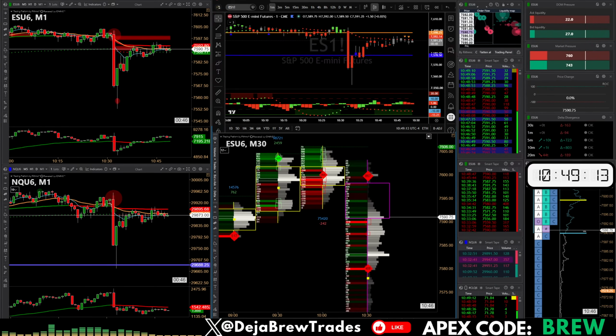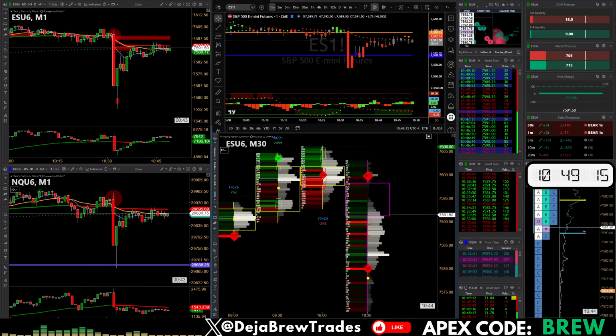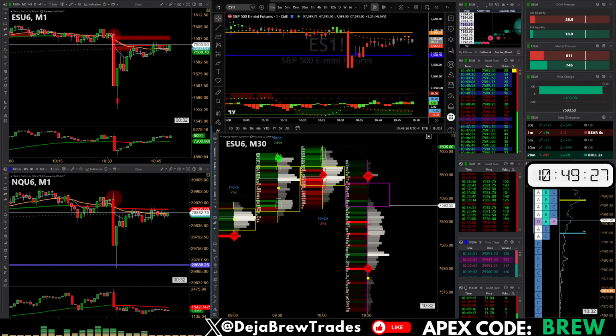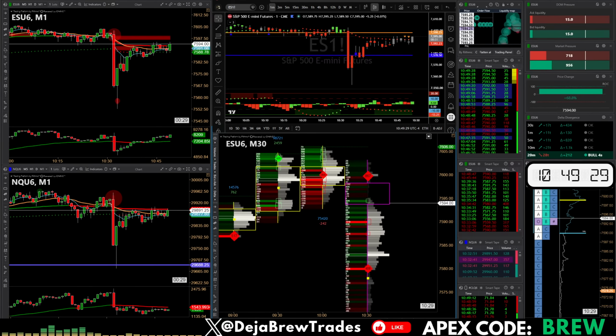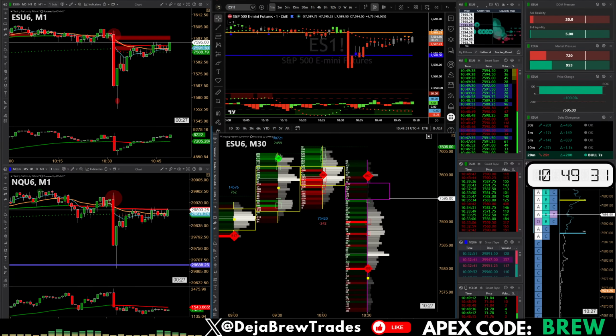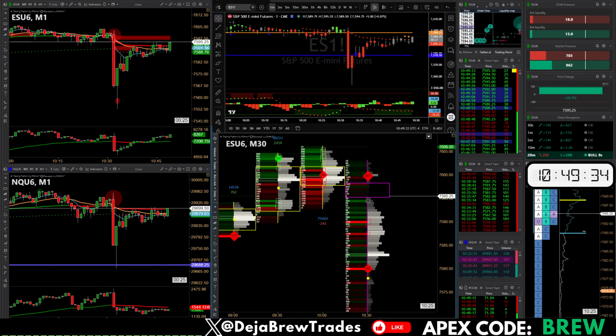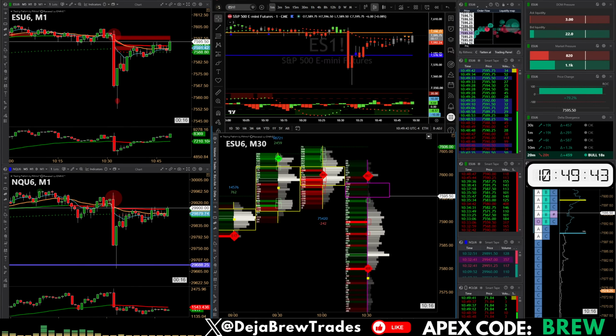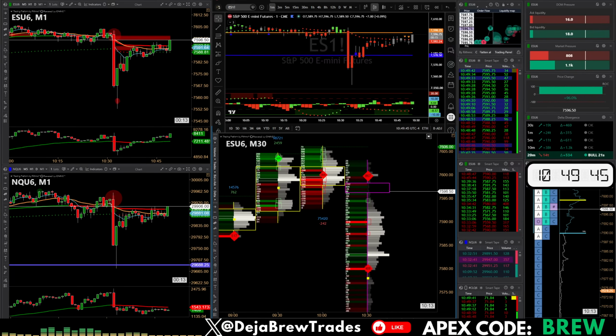Here's a sizing guide for the 50K accounts. Now, I made this a year ago when the accounts were slightly different. They were like legacy accounts. There's a few differences. I think the profit goal is slightly different, but sizing wise, it is pretty much the same. That is still how I would size a 50K account. But if you're watching that video and it doesn't look exactly the same as the new accounts, that's why. There's very slight differences.